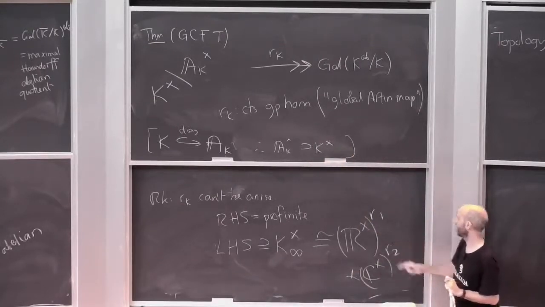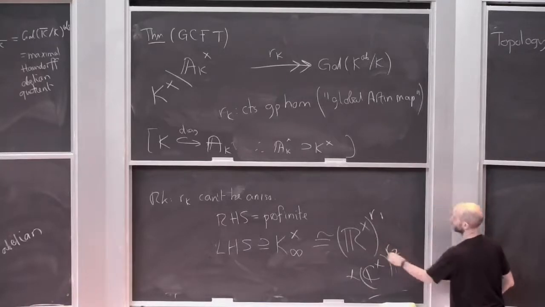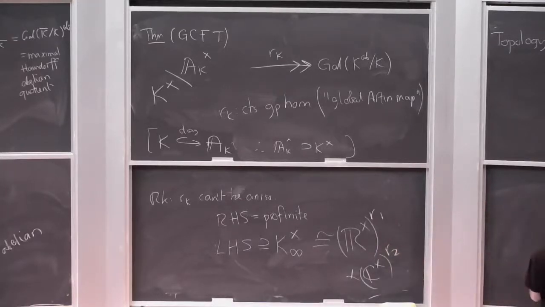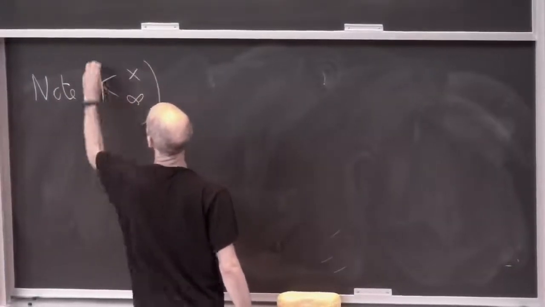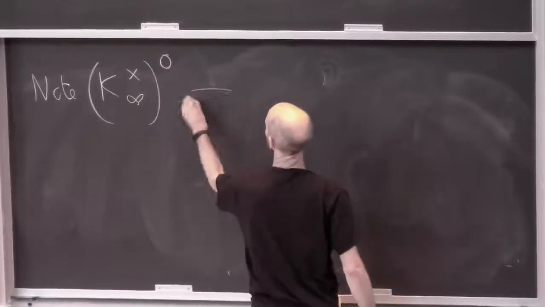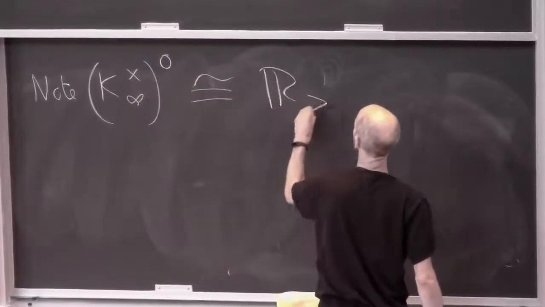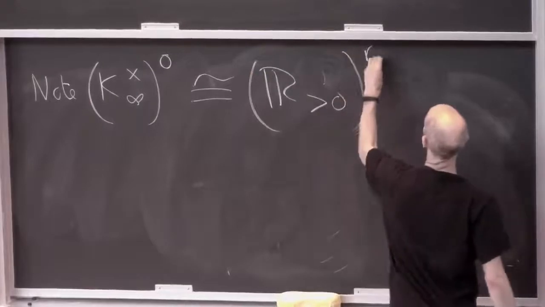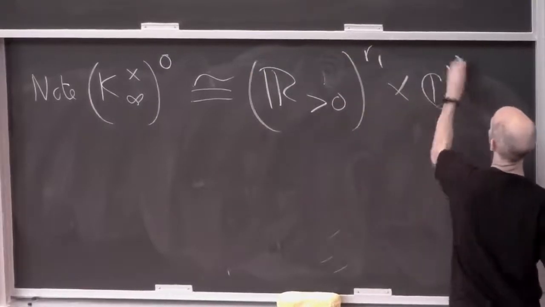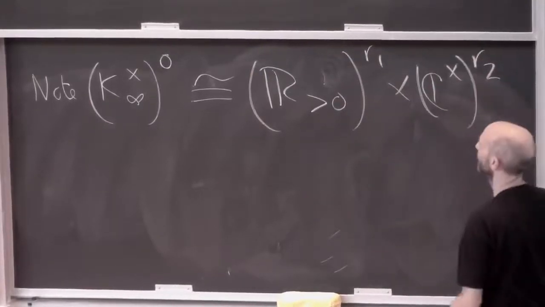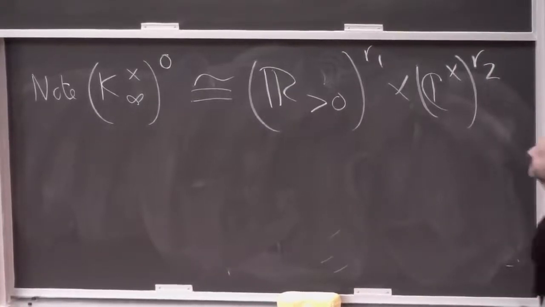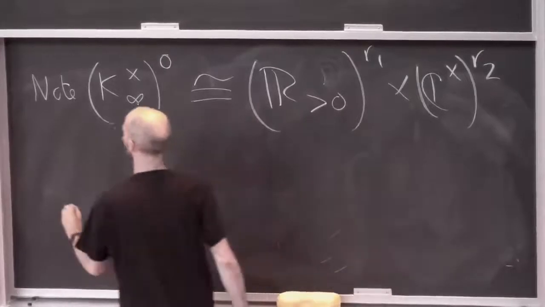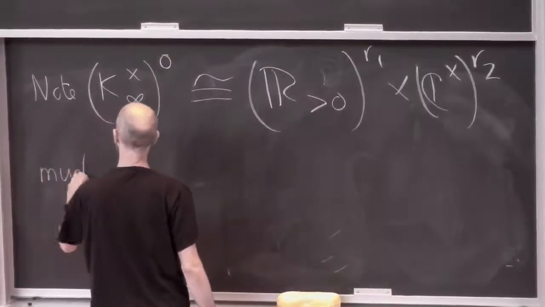If I take the connected component, instead of using R star, I use the positive reals, right? This is worth recording, I guess. Note that the connected component of K_infinity star would be non-canonically isomorphic to the positive reals to the power r1 cross C star to the r2, right? That is a gigantic connected topological space. It must be killed, right?